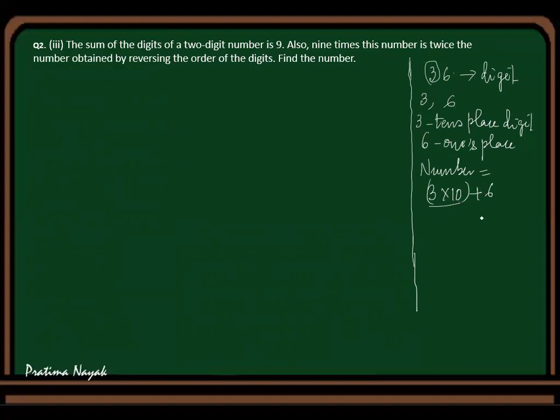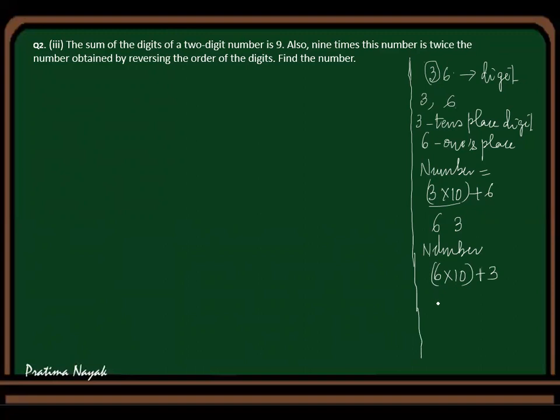Similarly, now I am changing them, that means reversing the digits. So 6 will come in place of 3, and 3 will come in place of 6. Then the number will be 6 into 10 plus 3. If you remember this, then everything is okay.